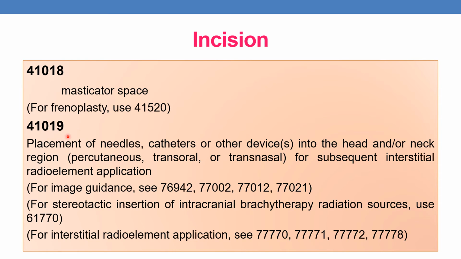The next CPT is 41019. It deals with placement of needles, catheters or other devices into the head or neck region. It can be percutaneous, transoral or transnasal for subsequent interstitial radioelement application. The CPT is 41019. And for image guidance, see the following CPTs: 76942, 77002, 77012, 77021.